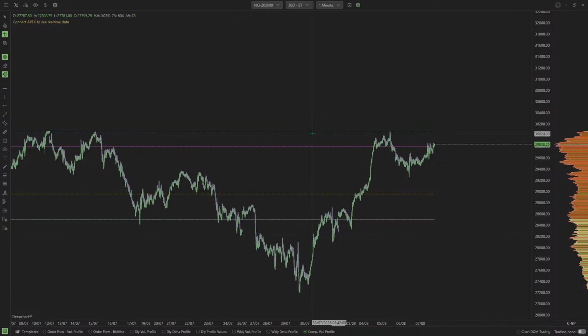Right? We already have the levels. Value area high, value area low. VWAP, point of control. See this yellow line here? That's the VWAP, among other things. All right, so we'll mark these lines again, just so I can turn off the composite profile.